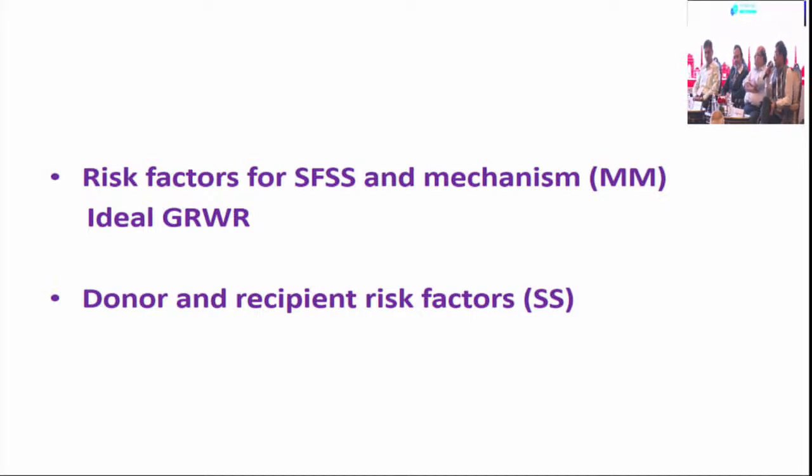We have a tendency of increasing our acceptability to 10%, 15%, 20%, but I think those grafts which are steatotic beforehand are more likely in LDLT to have dysfunction in the recipient. Then, if we are giving a GRWR which is less, we are trying to do up to 0.7, but sometimes you have 0.65, 0.6. Those are definitely at a high risk.